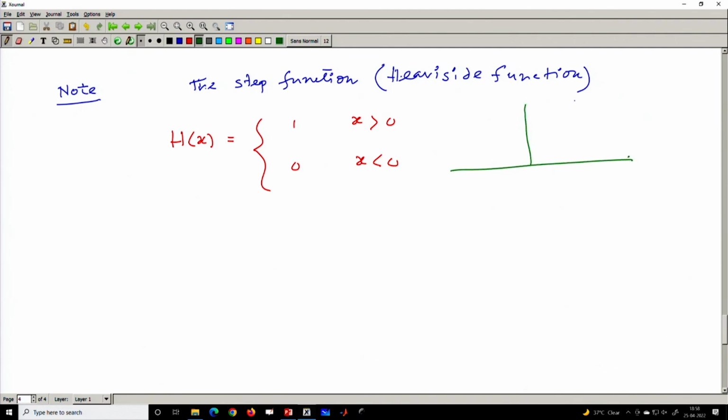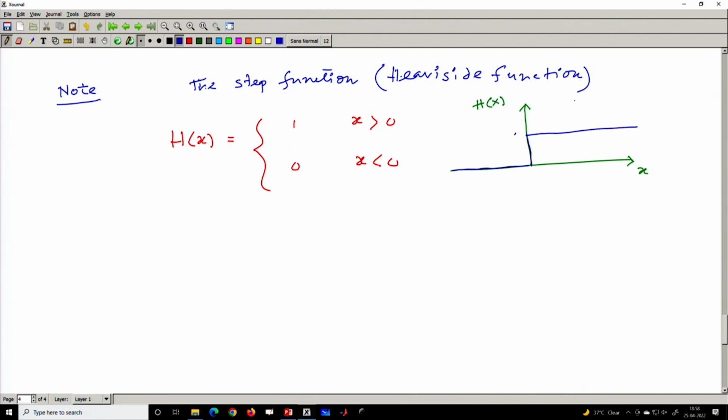If I plot this function, this is my axis, this is x positive, and along this direction I plot the Heaviside function h of x. It is 0 here, there is a jump here, and it is 1 after that.